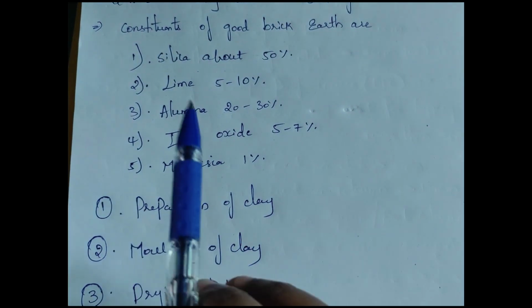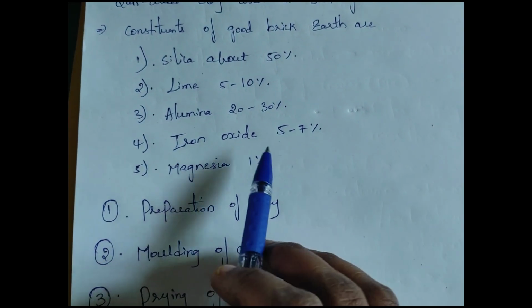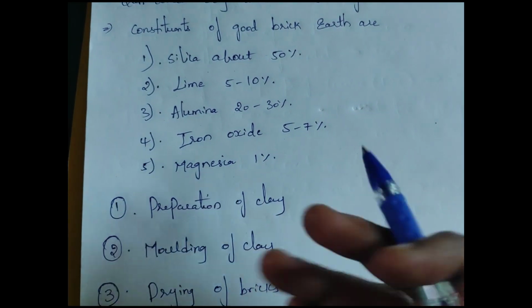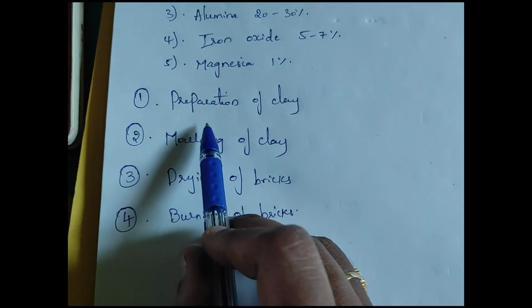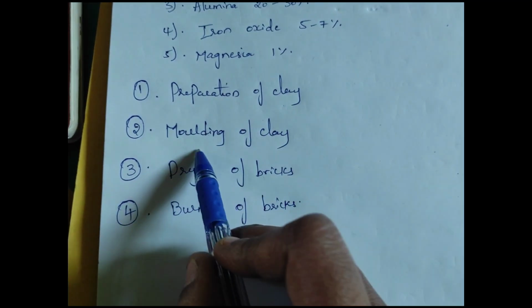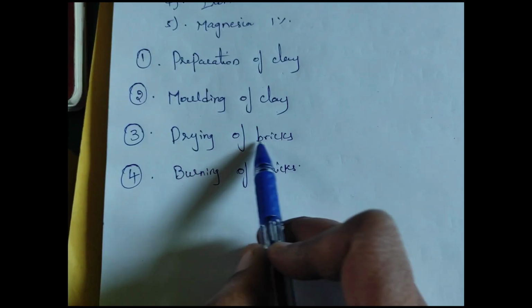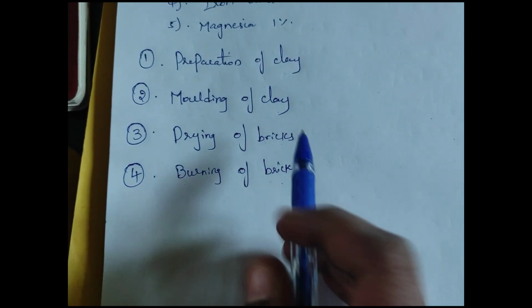In the process of manufacturing bricks, the following distinct operations are involved: preparation of clay, molding of clay, drying of bricks, and burning of bricks.